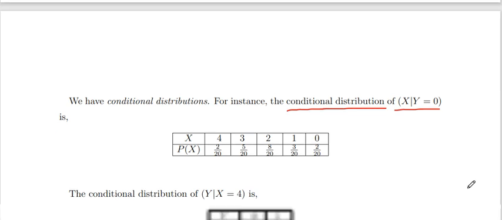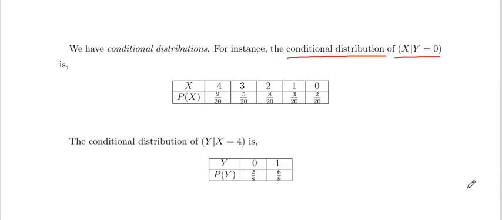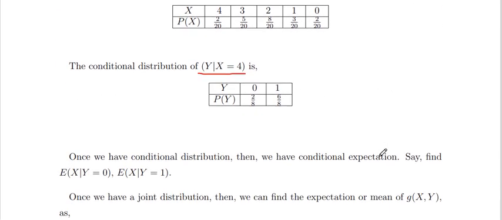Or we can also consider this conditional distribution: we just focus on x equals 4, which means we just focus on A students. So how many male, how many female? In total 8 students got grade A, male 2, female 6, right?